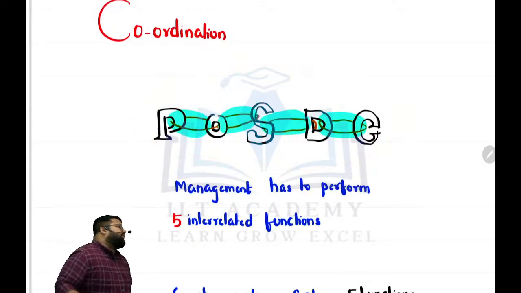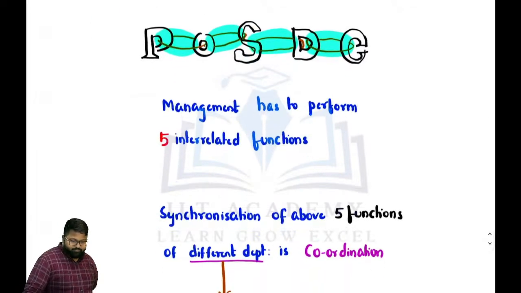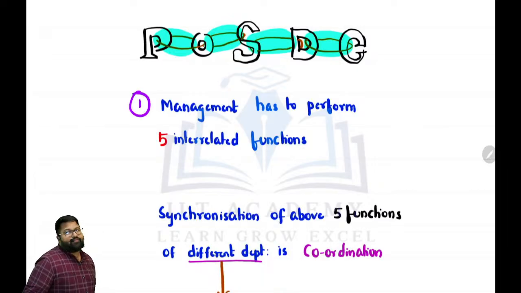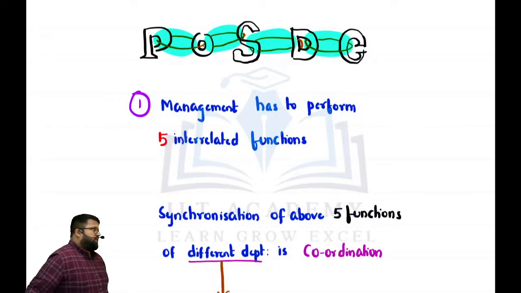If they are not connected, the management will not be successful. And the first point of that coordination is this: management has to perform 5 interrelated functions. Interrelated, and they are interdependent mainly.